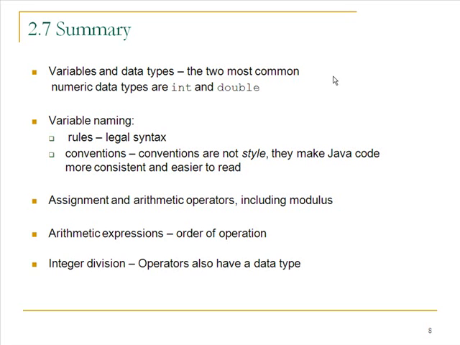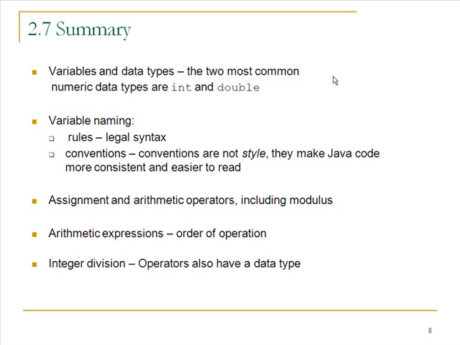So the conventions that are used when you're naming variables, they're not your style. You don't have a choice about this. And the purpose of these conventions is so that all Java code will look similar, and that will save you some time when you're looking at someone else's code. We also covered the assignment operator and arithmetic operators, including the modulus operator.